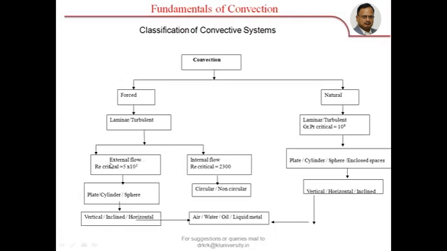External flow means flow over a plate, flow across a cylinder, flow across a sphere, that is, flow over bodies is called external flow. If the fluid is flowing within the body, like water flowing through a pipe, cold air passing through a duct, internally if it is flowing, that is called internal flow.